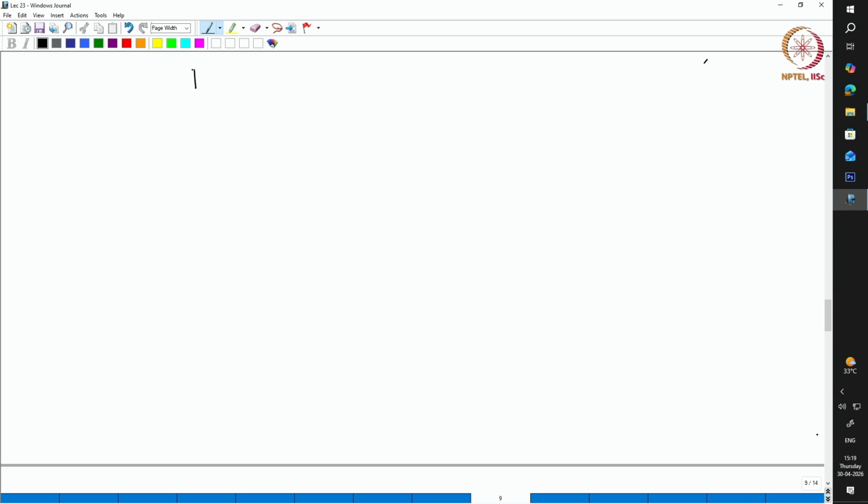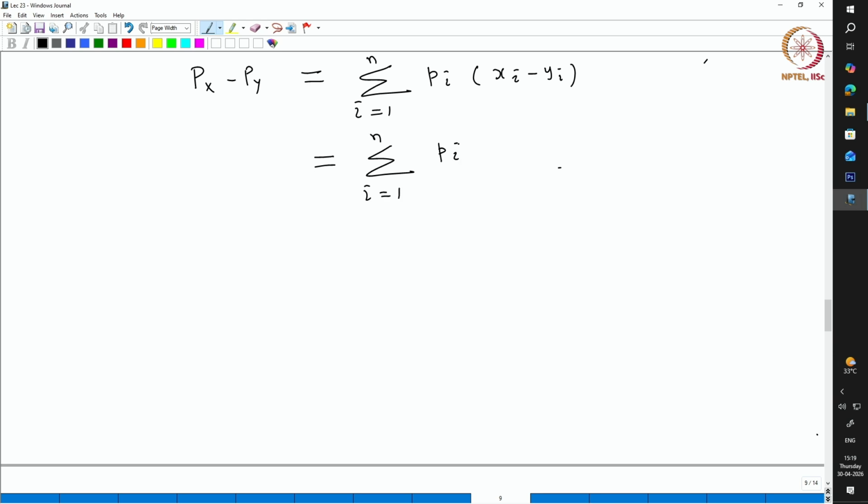Px minus Py is equal to sigma i equals 1 to n of Pi times xi minus yi. This is equal to sigma i equals 1 to n of Pi by Wi times Wi times xi minus yi.